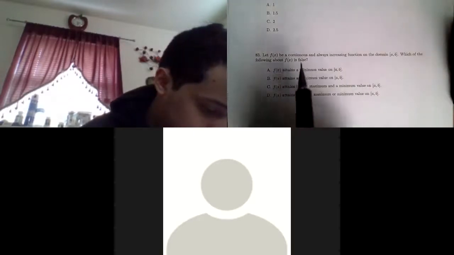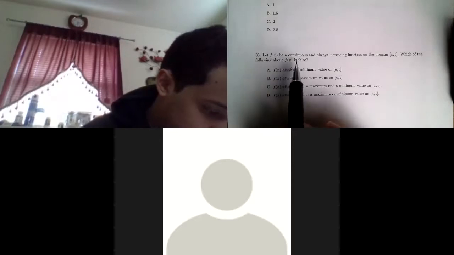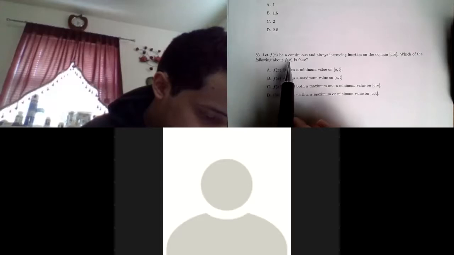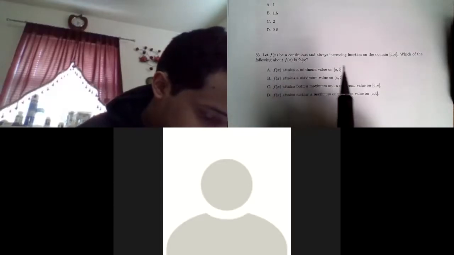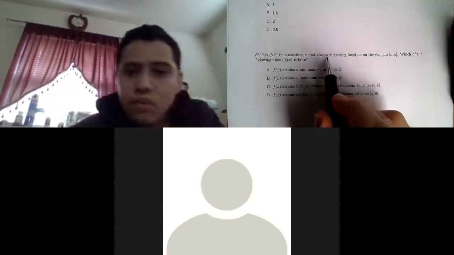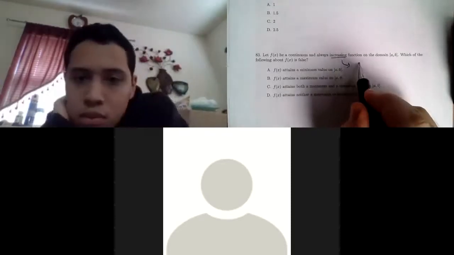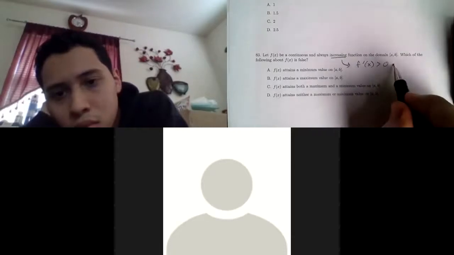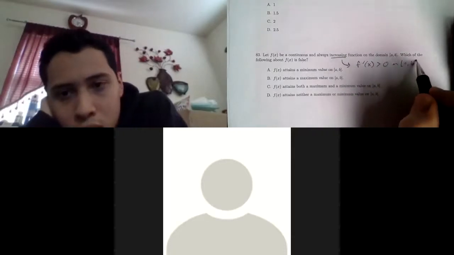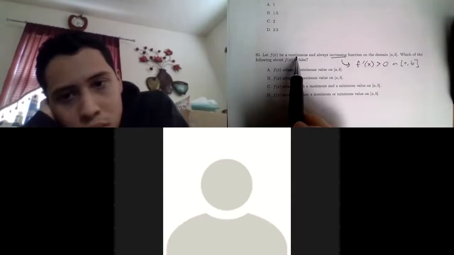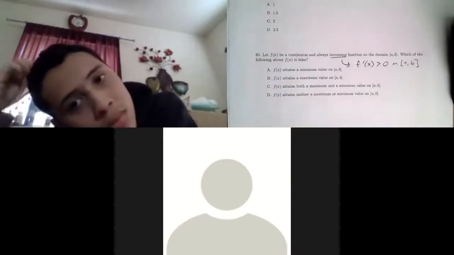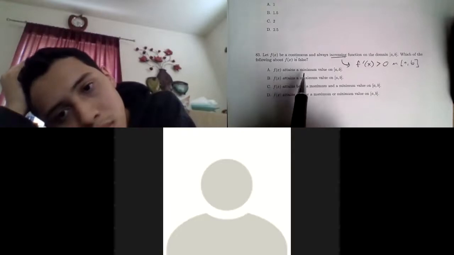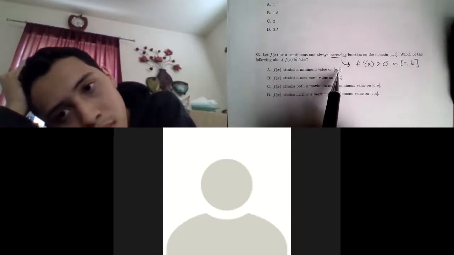All right, so we've got f of x is continuous and always increasing on the domain AB. Which of the following about f of x is false? Always increasing means that f prime of x is greater than 0 on that interval AB. We know it's continuous and we know it's increasing, and that's all we know. So part A, f of x attains a minimum value on the interval AB.